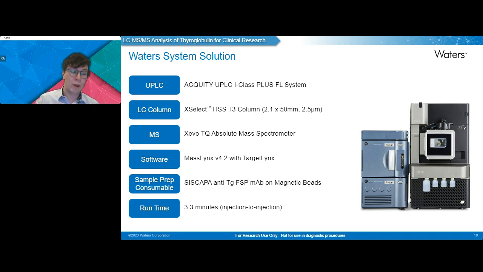And we're employing that SISCAPA anti-thyroglobulin FSP monoclonal antibody on magnetic beads to bind that peptide to give us the additional sensitivity we need. And the use of this antibody helps us use a relatively fast runtime in comparison to some other tryptic digest methods on the market. So we're using a 3.3 minutes injection to injection time.